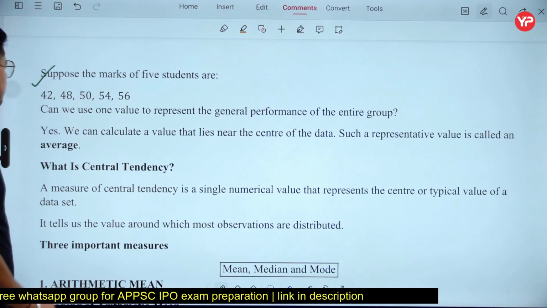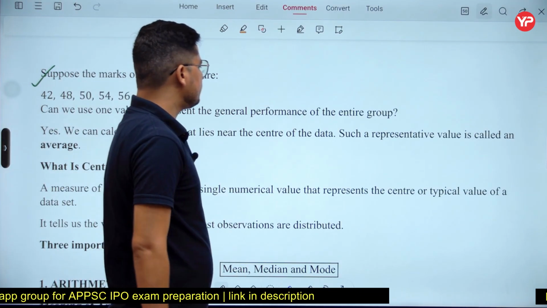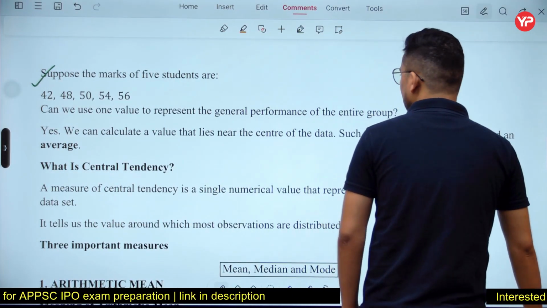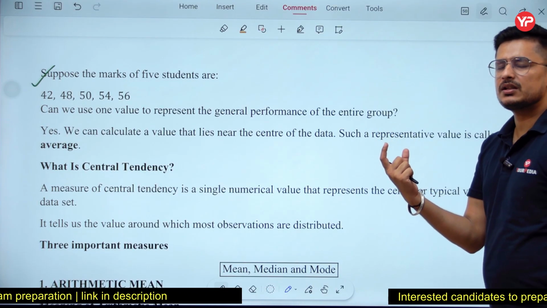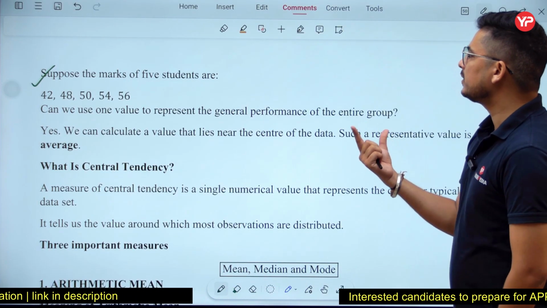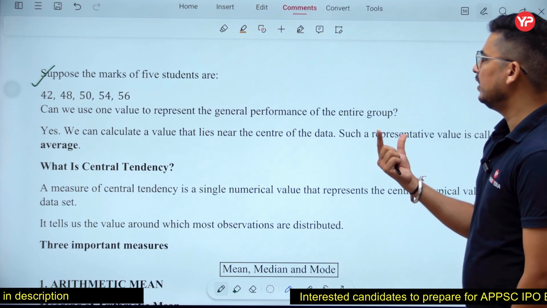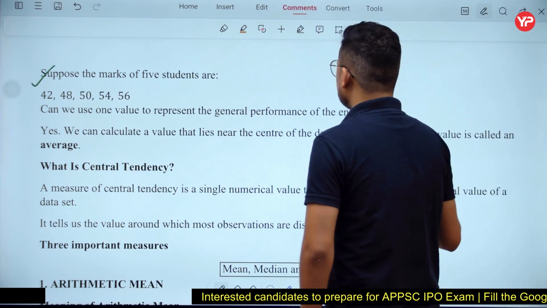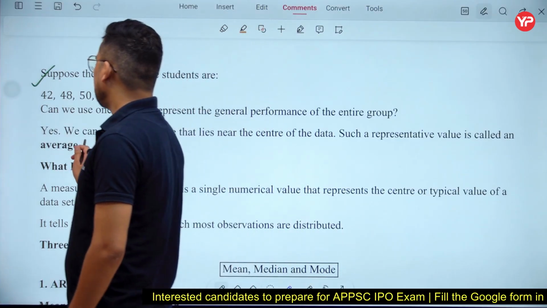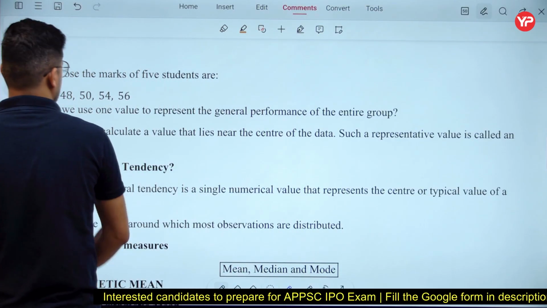This represents the performance of the entire group. For this we want a single value representing that the group's data lies nearby that value, and that value is the average.